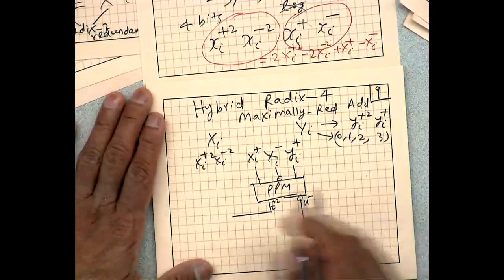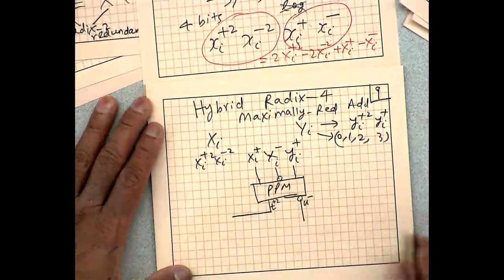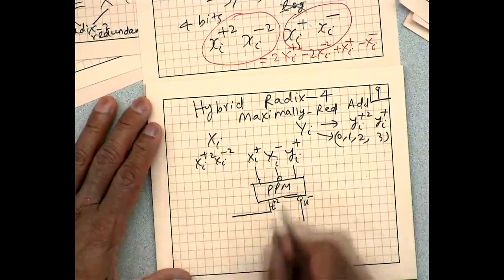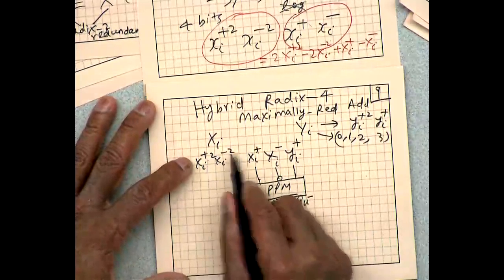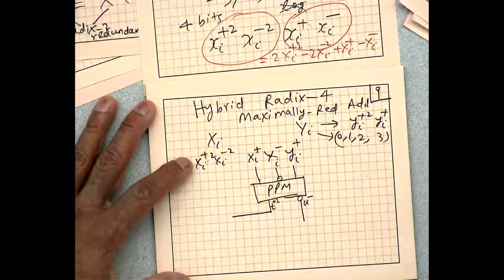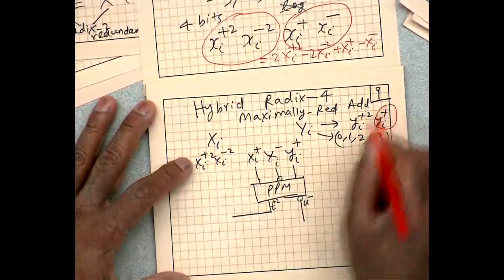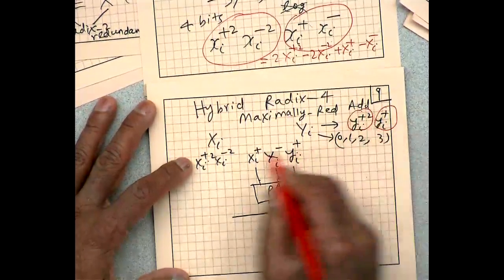Then I could do the same thing. I have 2 times weighted here, so this is plus 2 minus 2. Let's take the yi plus 2. So we took this yi plus and put it here, take the yi plus 2 and put it here.